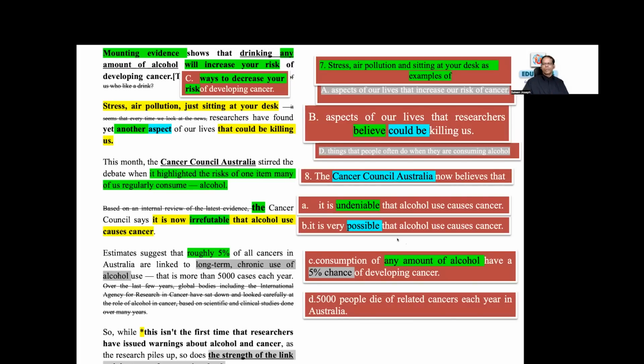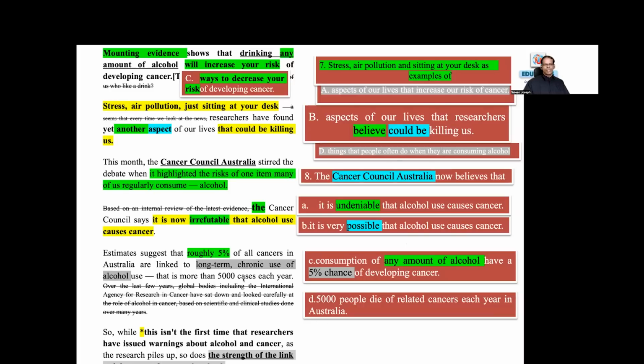And here it is possible that, possible tells us it's a probability, but the topic sentence says it is a factual statement. And here also it says the Cancer Council says it is now irrefutable, which means confirmed. It is not possible, it is confirmed. And again, beautifully given roughly 5%. The answer option says 5%. So roughly 5% is not 5% scale. And 5,000 people die of related cancers each year in Australia. That is not given here.